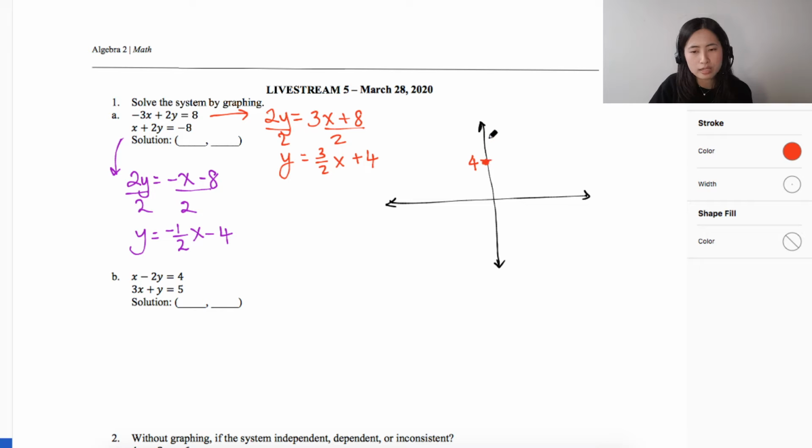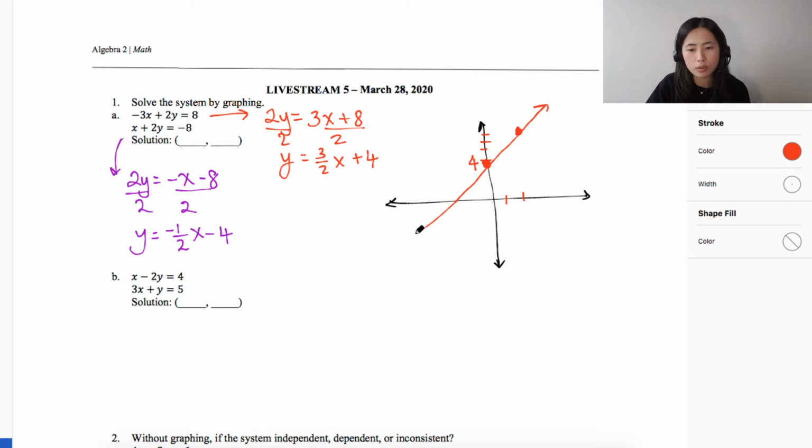Then we have rise of 3, run of 2, so it's somewhere here: 1, 2, 3 up, run 1, 2, because it's 3 over 2. Our slope is rise over run, and the line is supposed to pass through these two points.